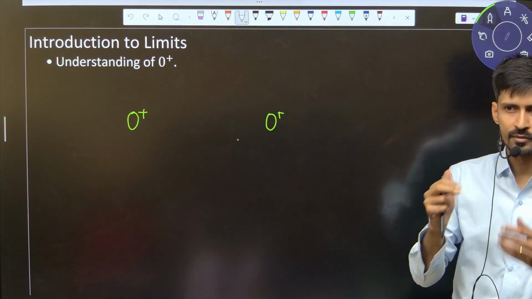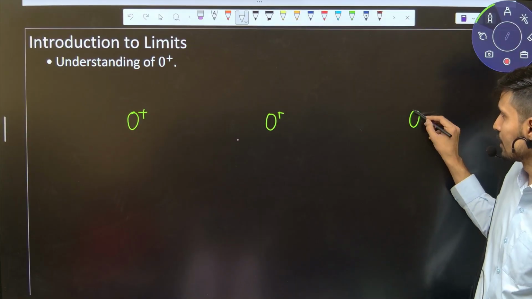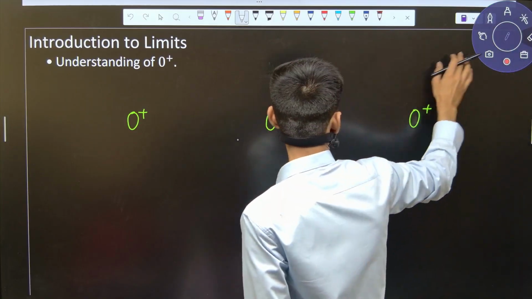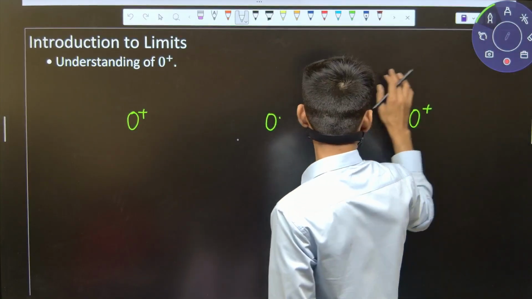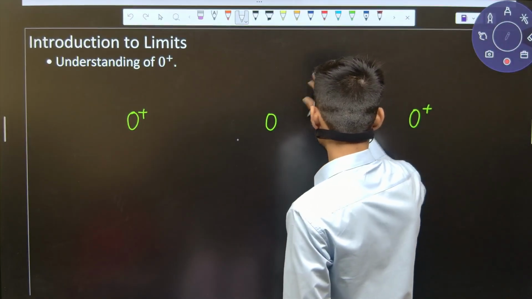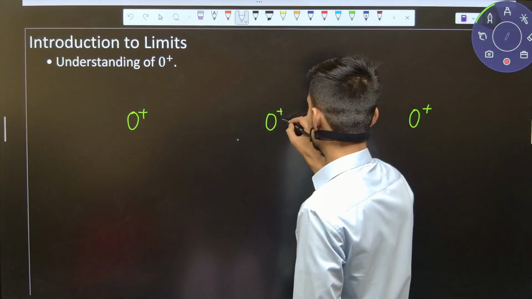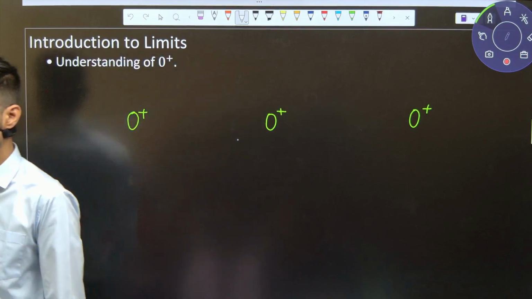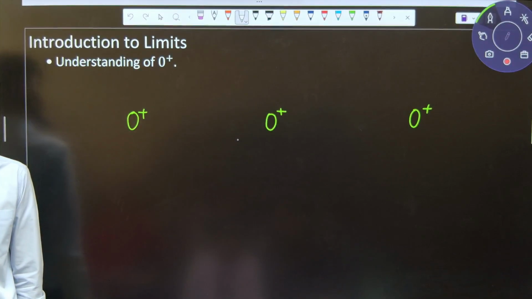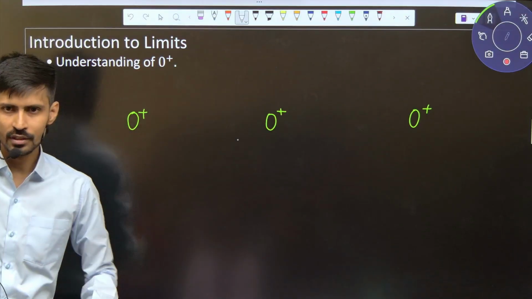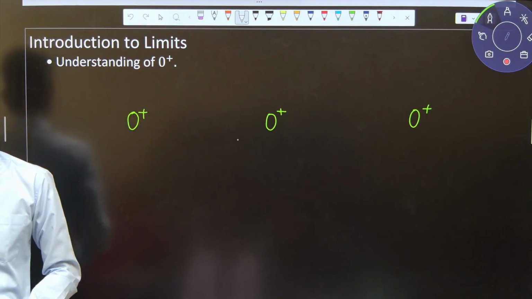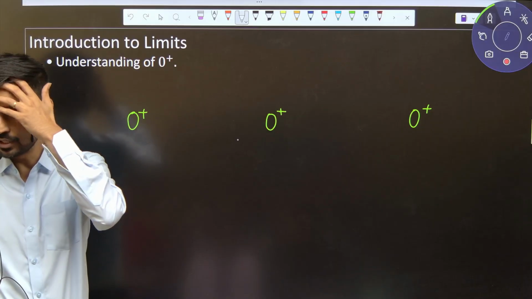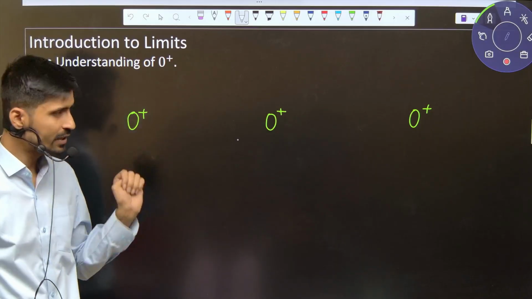And if I write one more 0 plus, I am not asking you, I am telling you, all three 0 plus are not the same. But if I write 2, 2, 2, I will say all three 2 are the same. This is 0 plus, 0 plus, 0 plus. Okay, na? All three 0 plus are not the same.